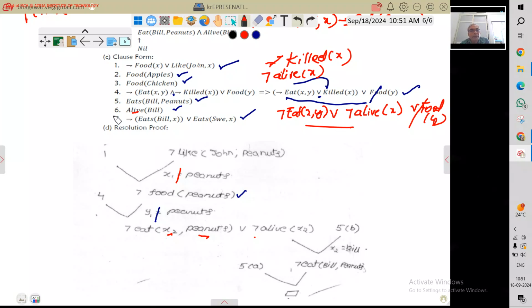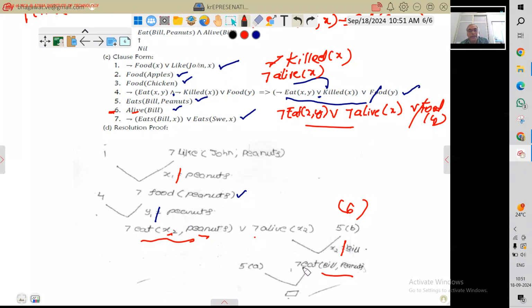Now we will consider the sixth one. Negation alive and alive get cancelled. To do this, you should replace x2 by Bill. When you replace x2 by Bill, these two get cancelled and our resolvent clause is negation eat, Bill comma peanuts.